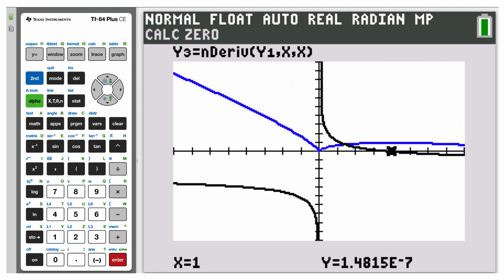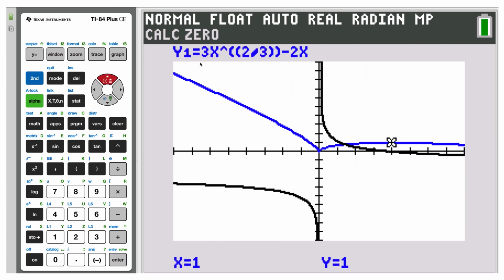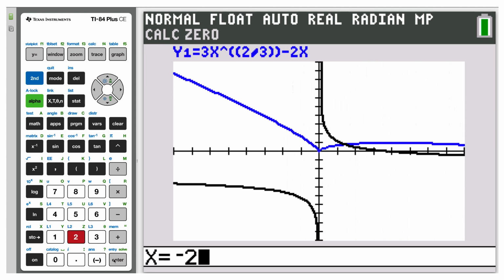Okay, now finding our values off of the blue curve for our endpoints, which we did with -2, the 0, our 1, and the 2. So we're in the trace mode, up arrow to get to the blue curve. All you have to do is type in -2 in the trace mode.